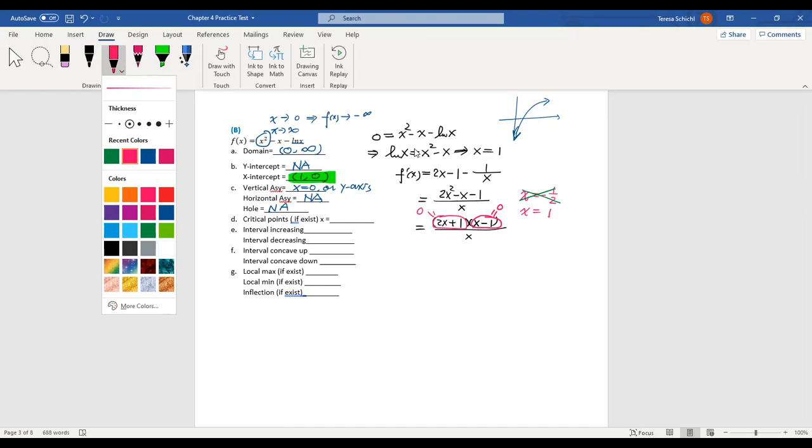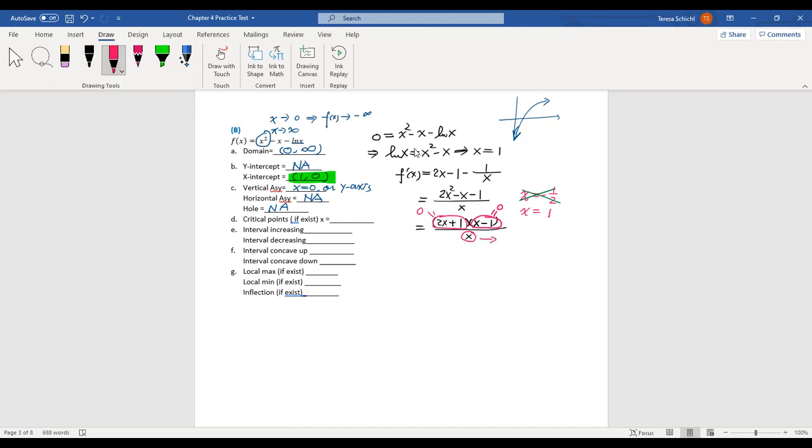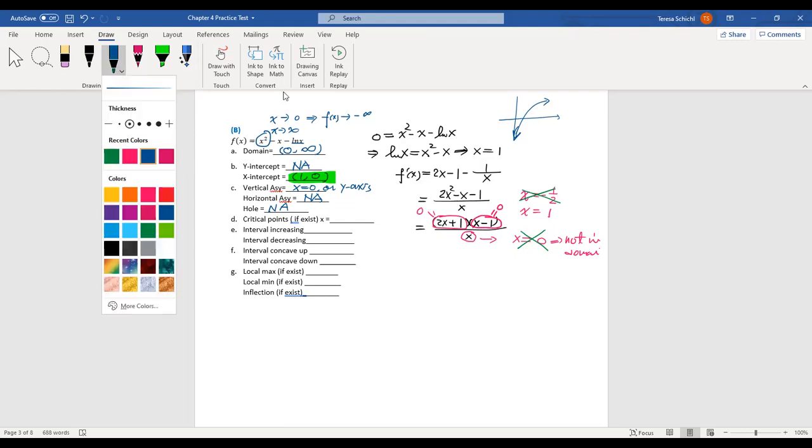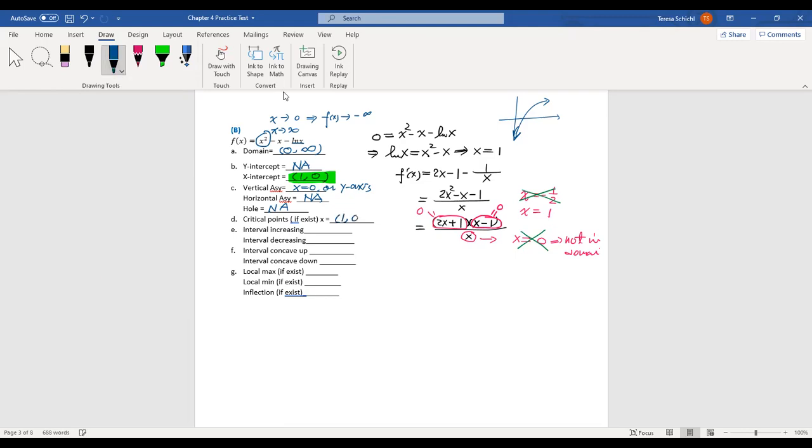We know that at x equal to 0 it is not defined, so this could be a critical point, but x equal to 0 is not in the domain either. So what do we have? We only have one critical point, right? So I will say my critical point here is x equal to 1.